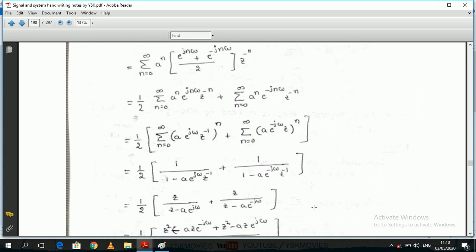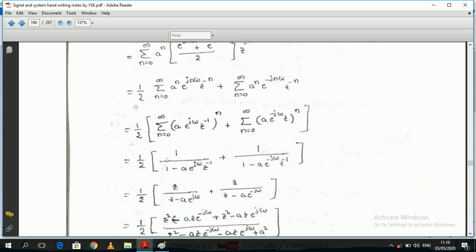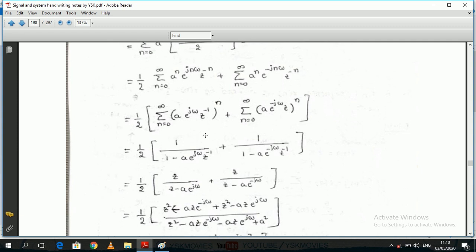So like this, we get two sums from n equals 0 to infinity: a power n e power j n omega z power minus n, and a power n e power minus j n omega z power minus n. You just take a common n in both sequences, and it becomes like a power n. Then immediately, what is the formula for that?